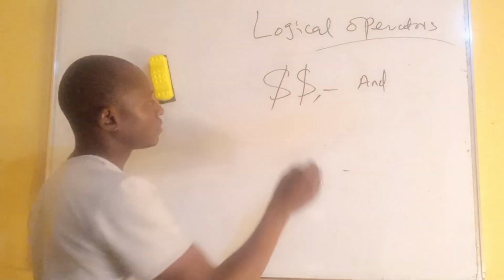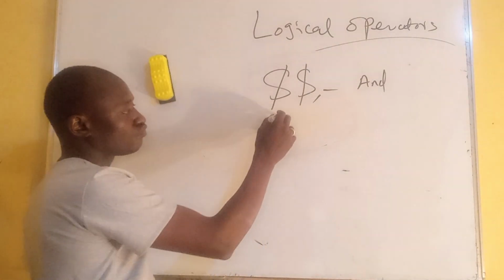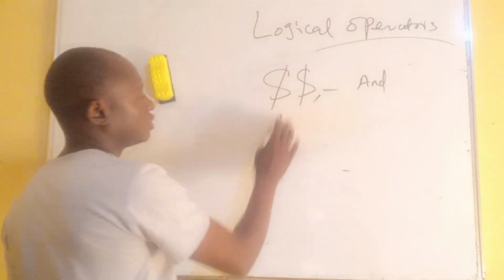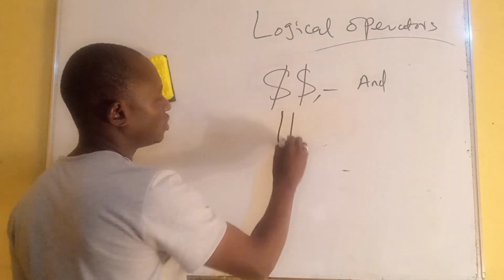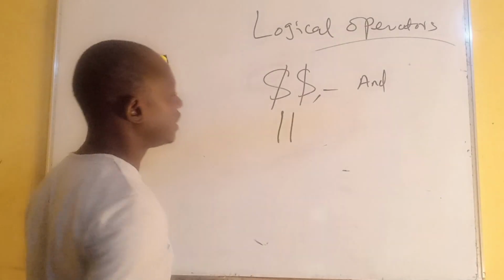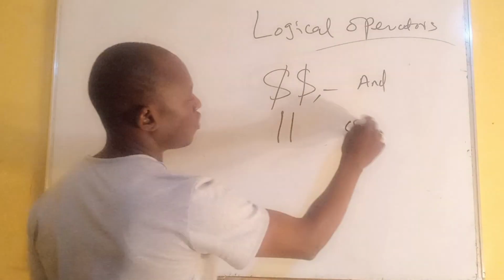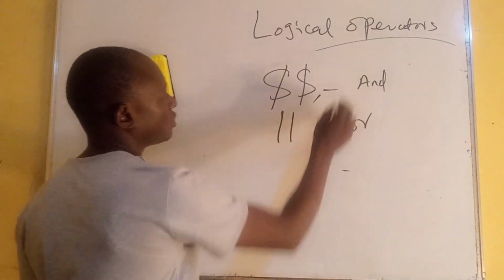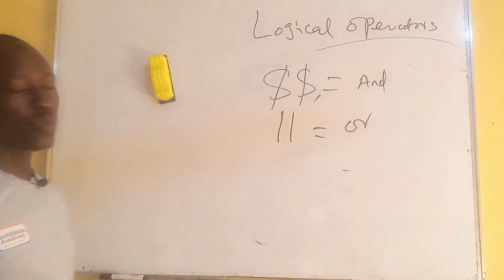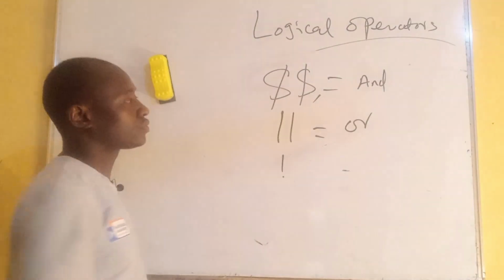We have not. We have or, which is a vertical bar as our or. We also have our not.